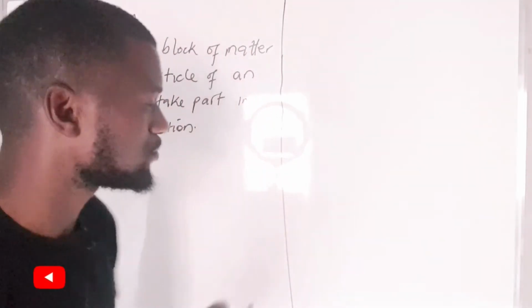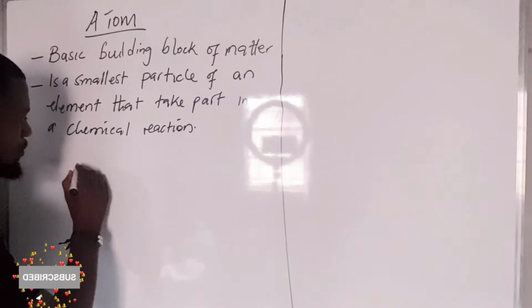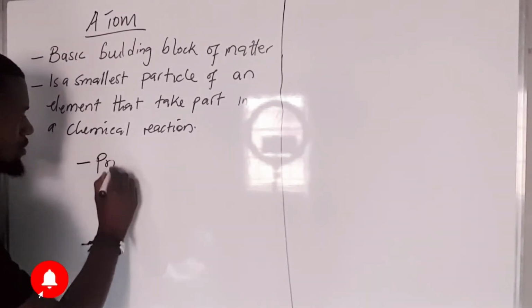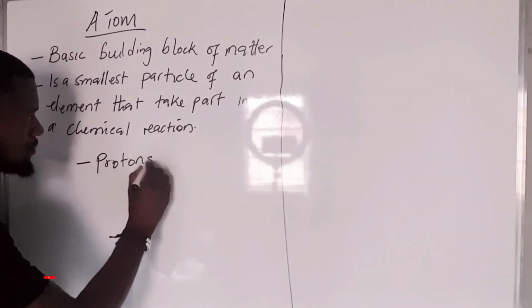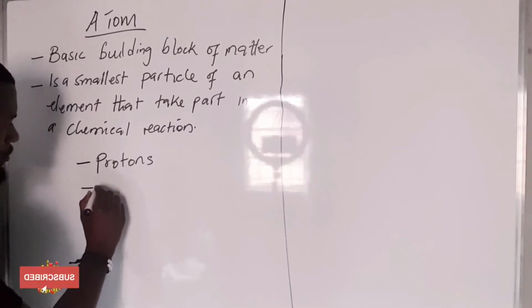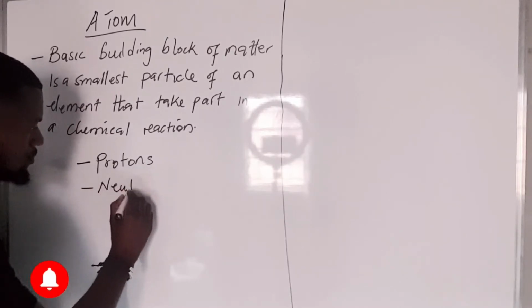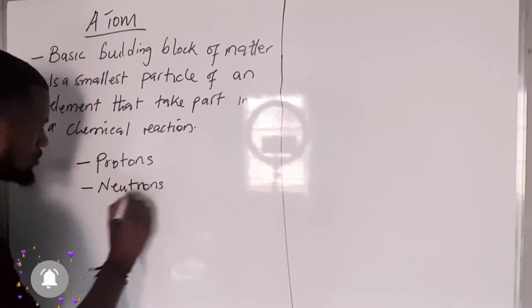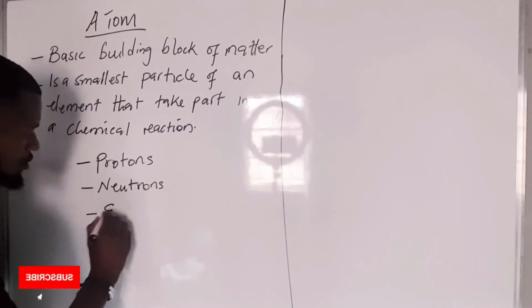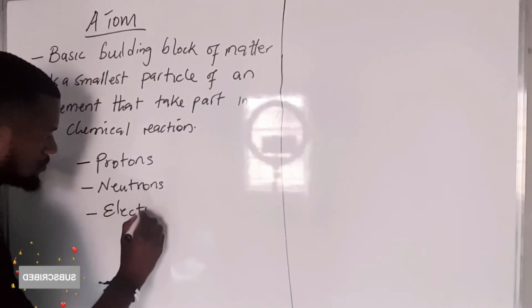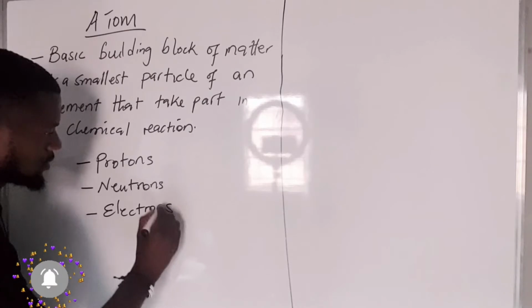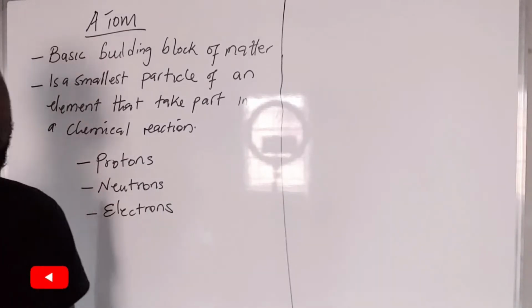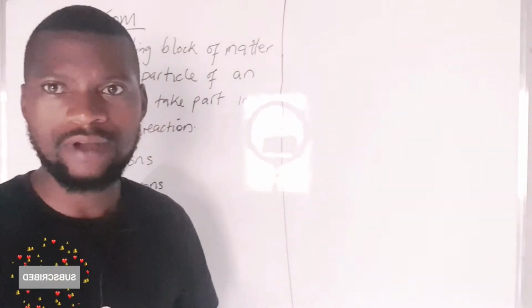And these basic particles are: one, the protons; two, the neutrons; and three, the electrons. So these are the three basic particles of an atom.